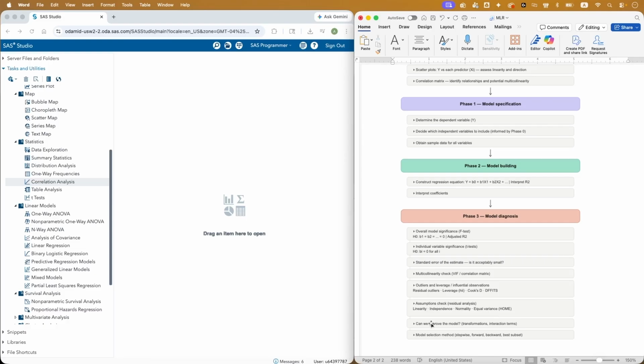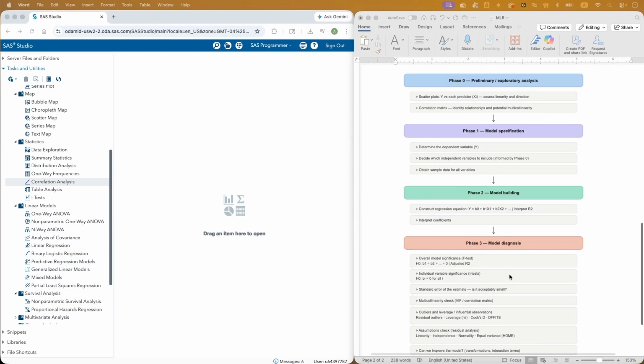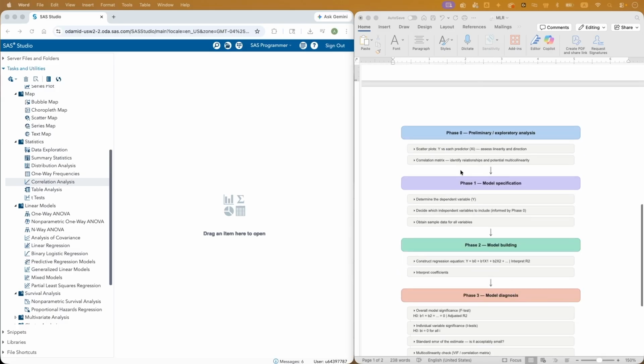Probably we're going to add another predictor, or maybe an interaction term, quadratic terms, or some other terms that may help improve the model. Or probably we're going to do some transformations. These are things that we think about later. Finally, we may use a model selection method to give us the very best model based on criteria that we are specifying. So let's start with the first step, which is, I'm going to divide these into multiple videos.